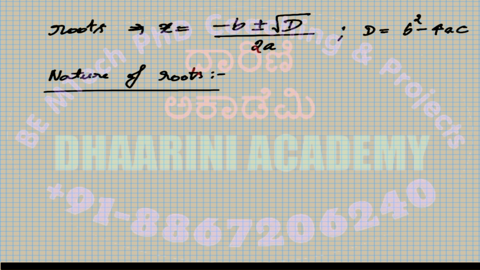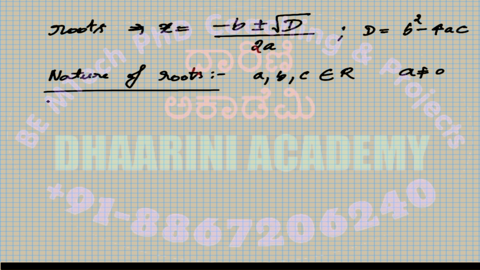All the values b, a and c are available in the given equation itself. Now let us try to find the nature of roots provided all the values a, b, c are real and a is not equal to 0. If this is the case, then let's look at the various conditions now.